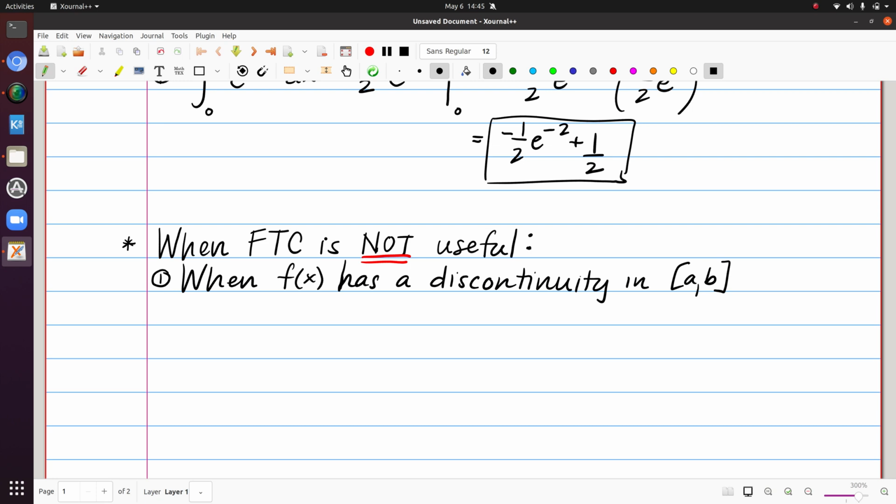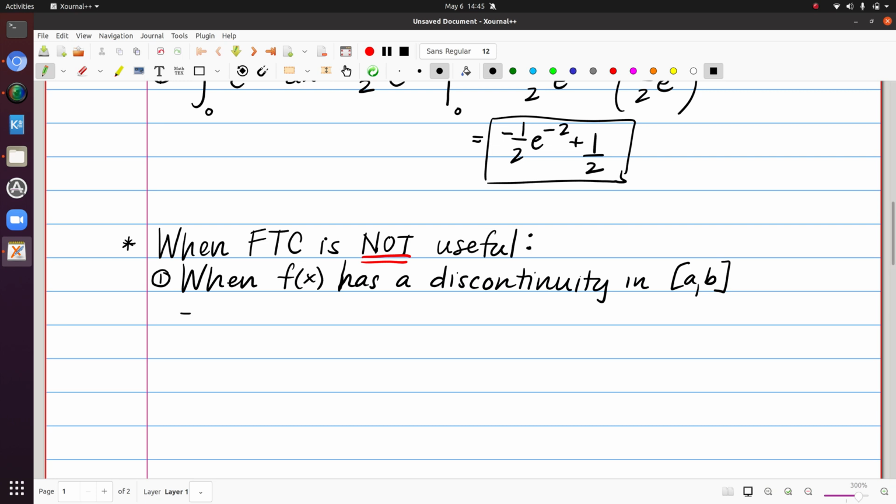So one thing I do want to stress is the fact that we required f to be continuous, the integrand, when we talked about the statement of FTC. So if my function is not continuous over the entire interval that we're integrating, so if there exists even just one discontinuity, then we can't simply apply this theorem.